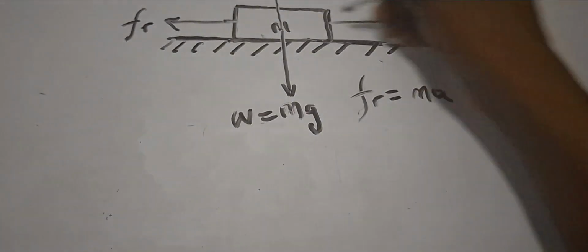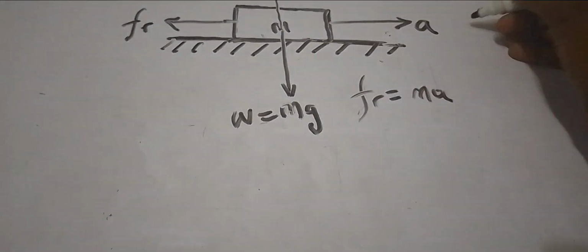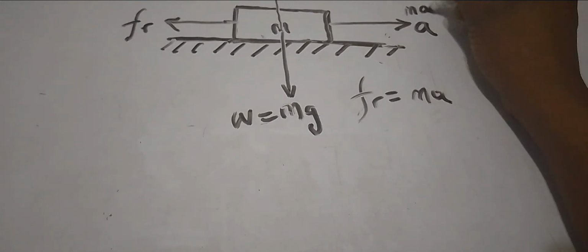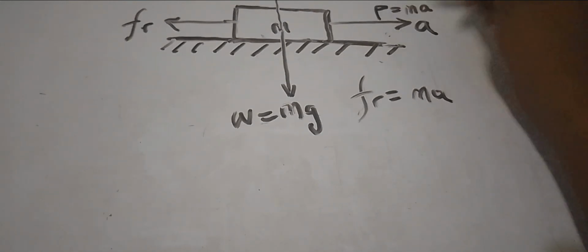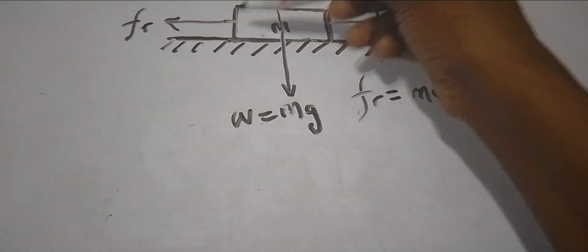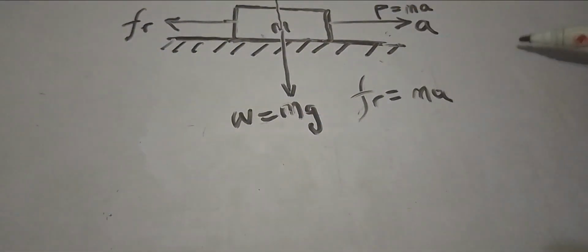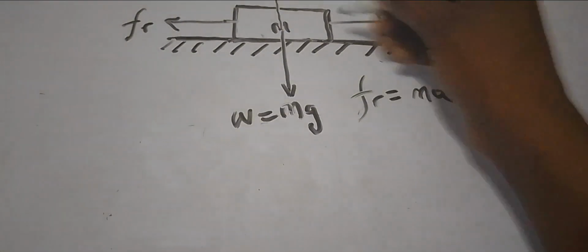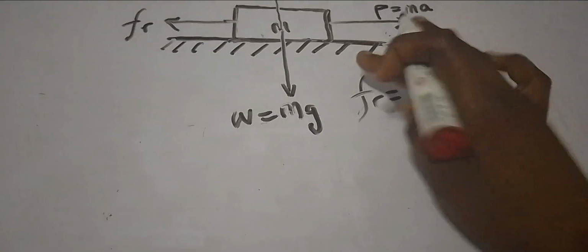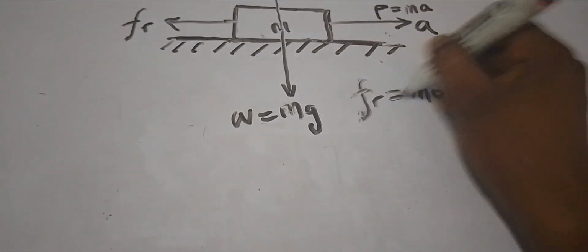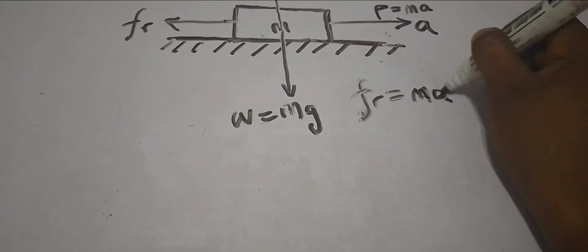Due to this mass, the force to move this object is equal to ma, the force required to move this object in this direction. So the forward reaction and backward reaction are also equal, because for every action there is an equal and opposite reaction. So in that case, we can also say the frictional force equals ma.